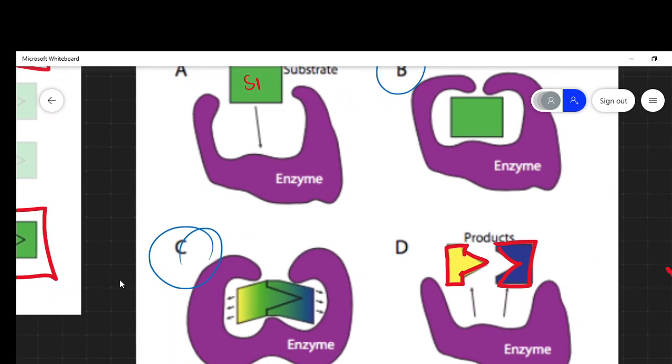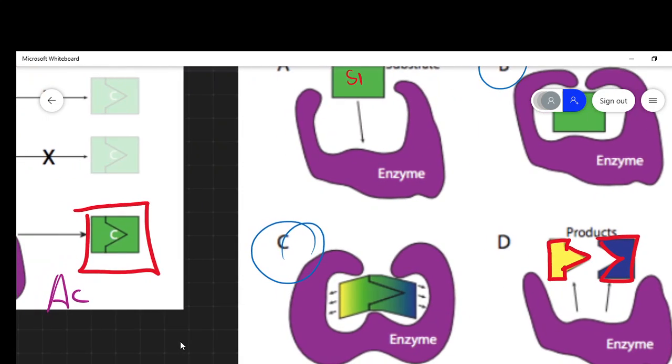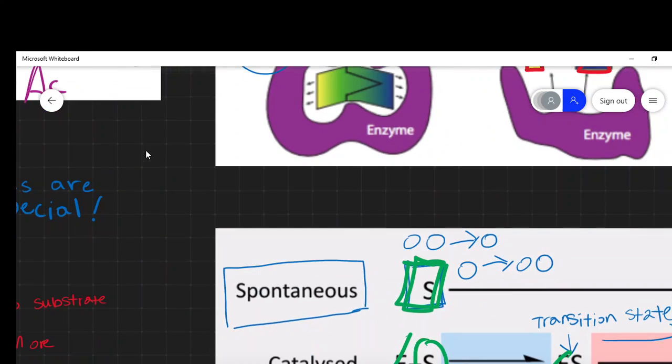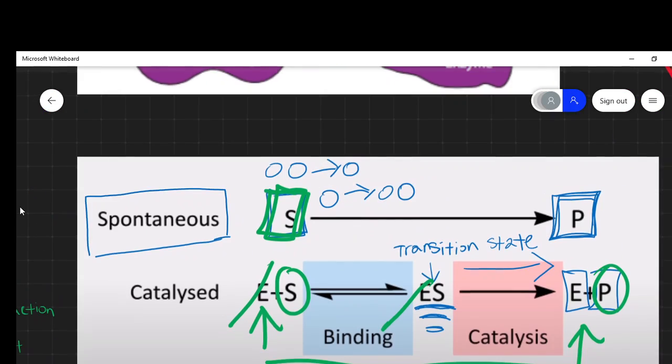The enzyme can also break apart a substrate. It can take in a substrate and break it apart into its two separate components. That's basically what an enzyme does. One more thing to note is that when these things happen spontaneously, meaning there's no enzyme to help, they happen randomly.